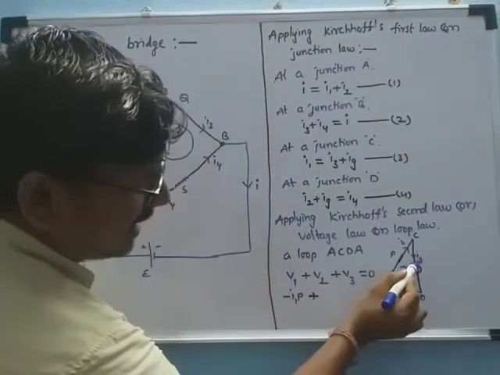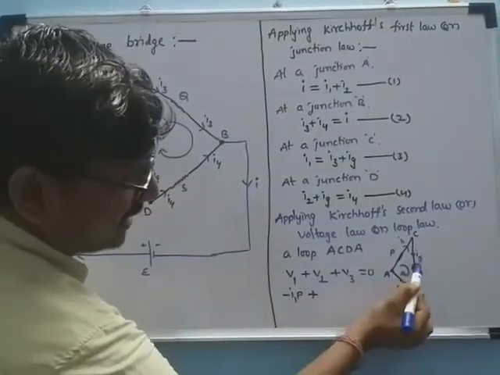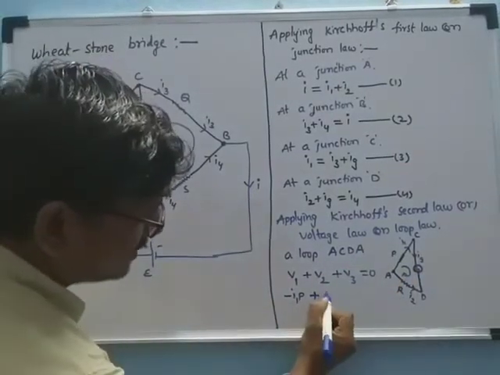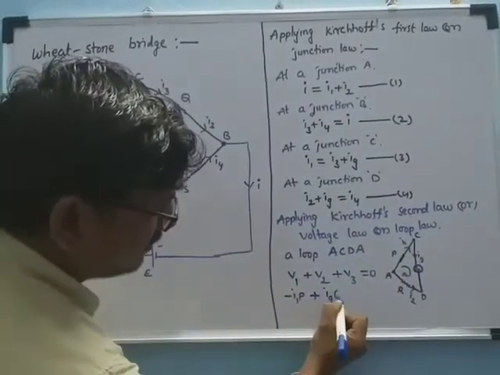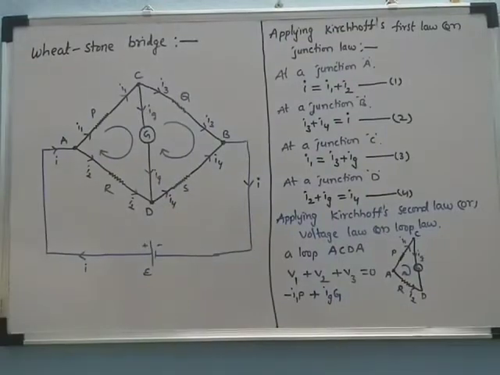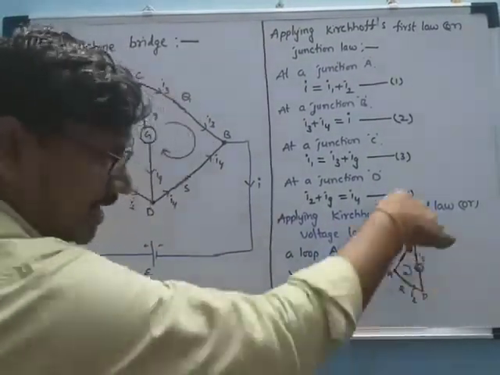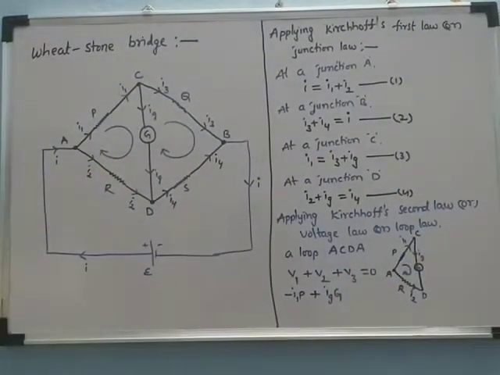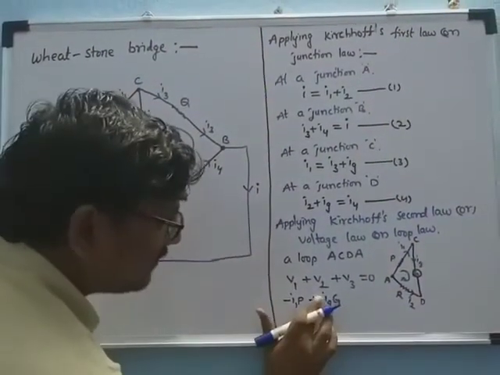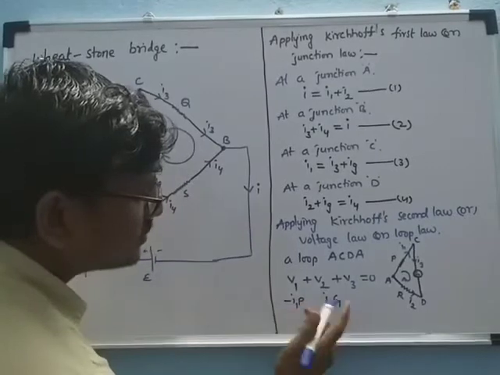V2 means current times resistance. The current is IG, the resistance is capital G. But observing the loop, also from C to D direction, the current is also in the same direction. The current in the same direction means we take it as negative.